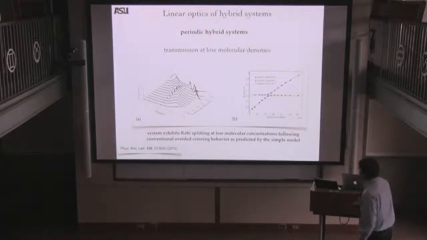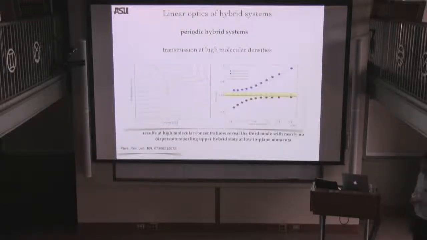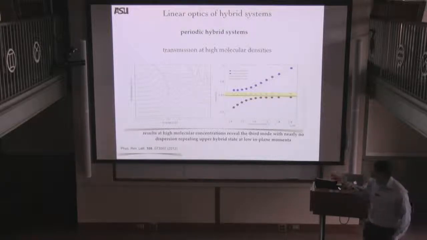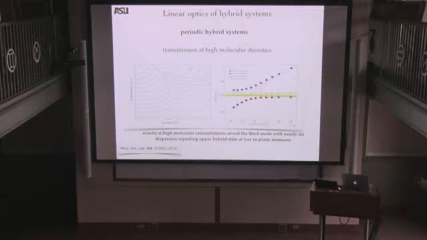Right. So now I'm cranking up the density, and the Rabi splitting becomes wider, wider, and wider. And what we see is the appearance of the third mode. So if the density is really high, this third mode really pops up, and it's very, very narrow and very strong. Now, again, this is transmission as a function of the energy at the high densities. Different curves correspond to different periods.